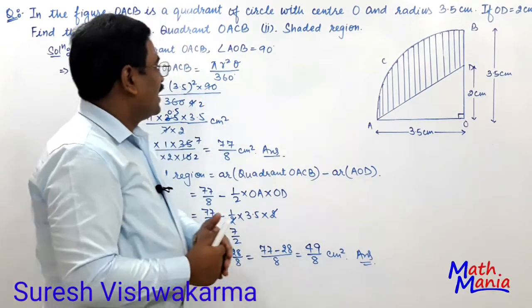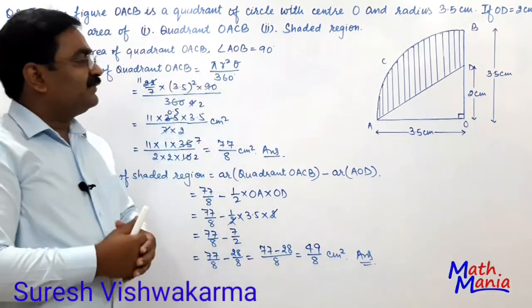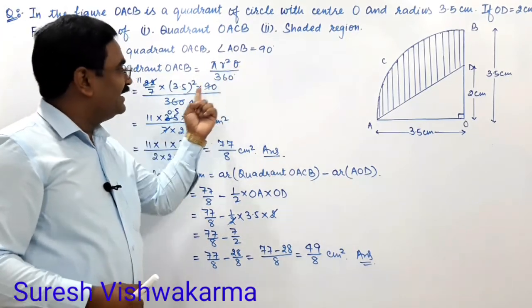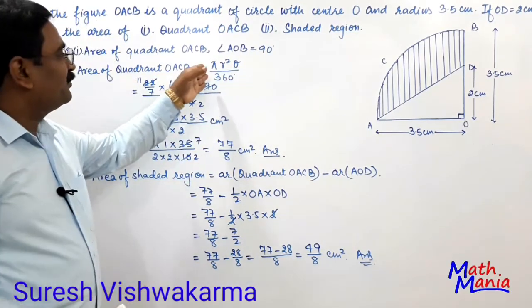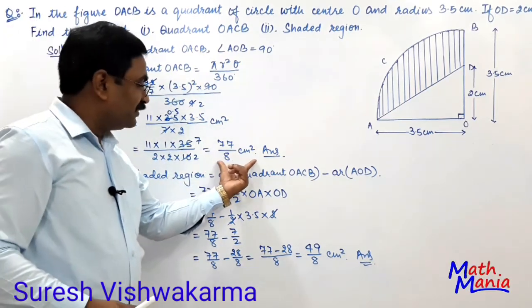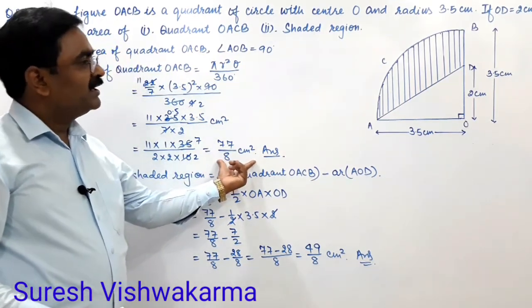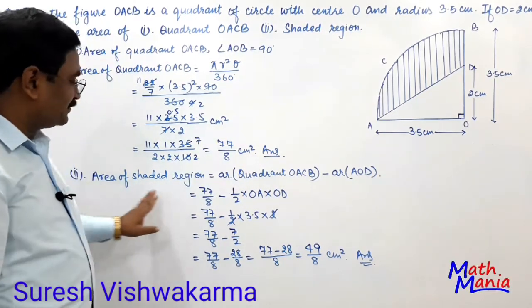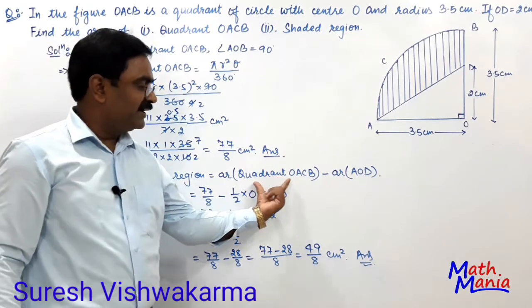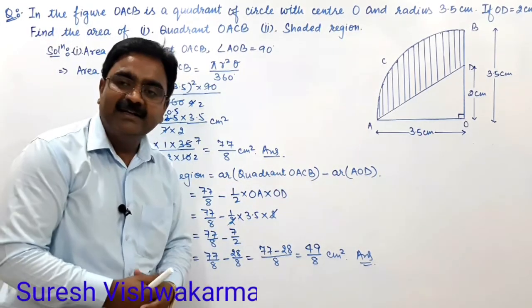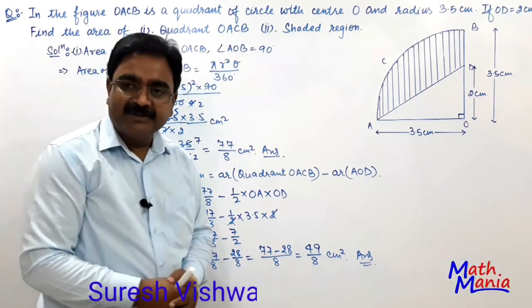From the area of a sector we got the area of the quadrant, which subtends a 90-degree angle at the center. Therefore pi r square theta upon 360 gave our answer. The area of quadrant OACB is 77/8 centimeter square, and the area of the shaded region is the area of the quadrant minus the area of the triangle, and we got the answer 49/8 centimeter square.